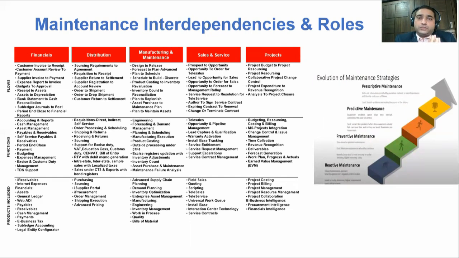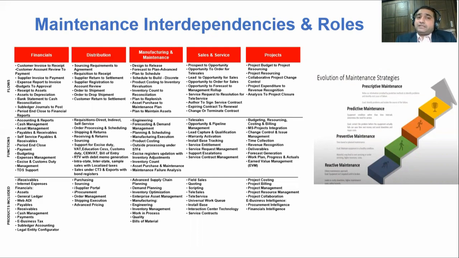Okay, so the major functions that you see in any business are financials, then distribution, which will involve your procurement and the order management functions, and then the manufacturing, tracking the manufacturing of the products, the work orders, planning, and everything that comes in the manufacturing. And of course maintenance functions are also part of that.